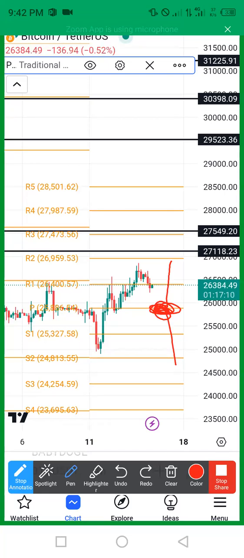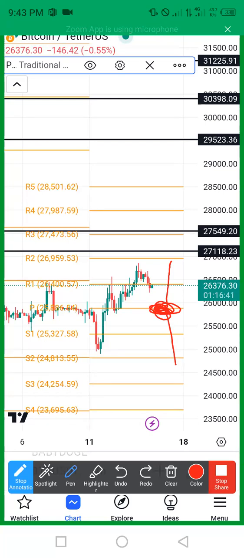Now, when you are using this indicator, it helps you to know where the next resistance is, and it also helps you to know where the next support is. When you are trading, you are aware that if Bitcoin closes below resistance 1, which is 26,400, and moves down, the next stop is going to be at the pivot.